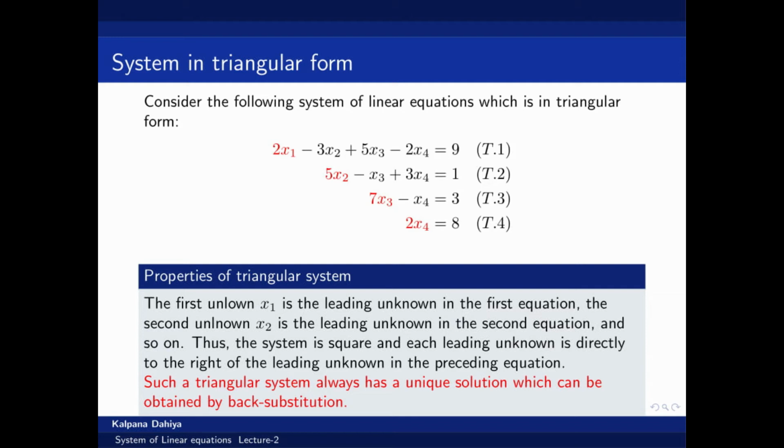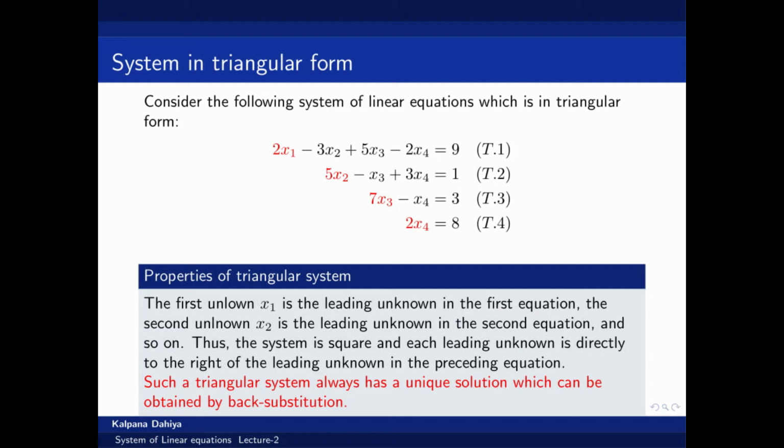In these equations, x1, x2, x3 and x4 are leading variables. Now what are the properties of a triangular system? In the first equation, the first unknown x1 is the leading unknown. In the second equation, the second unknown x2 is the leading one, and so on. In the third equation, the third unknown, x3, is the leading unknown.